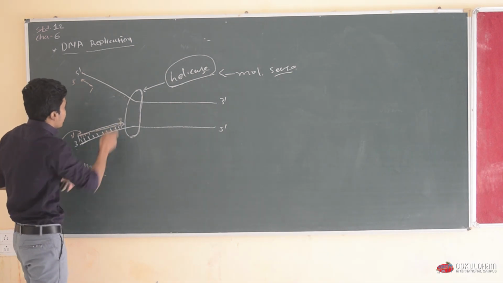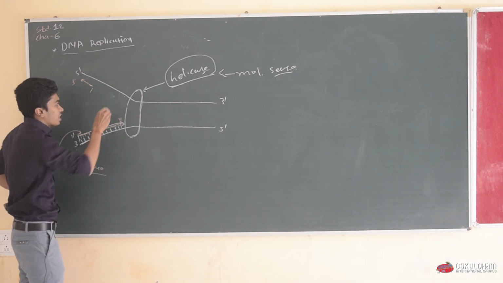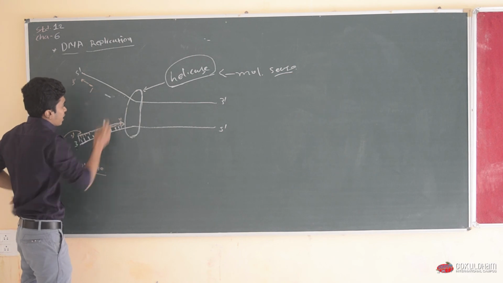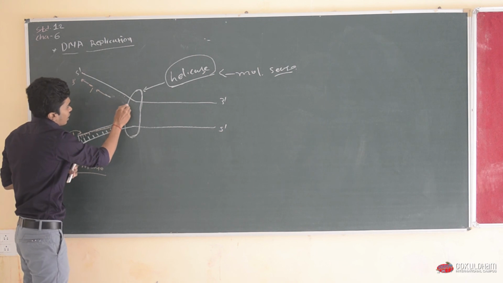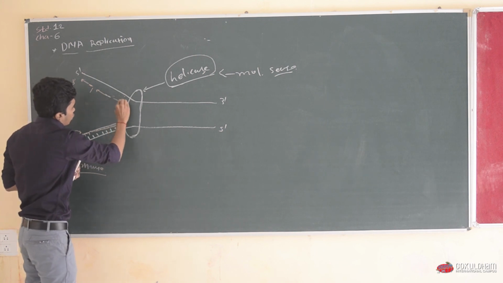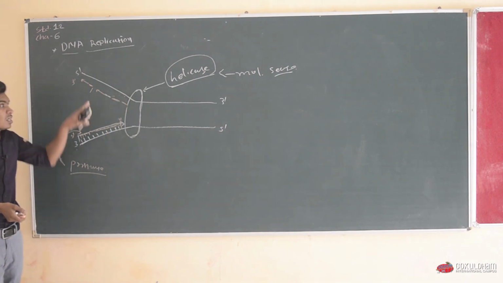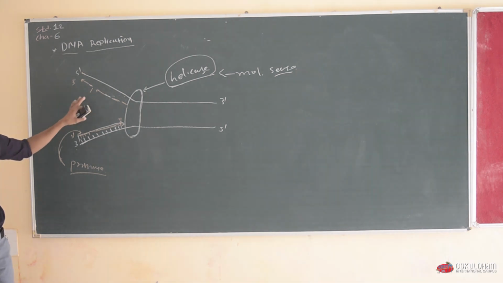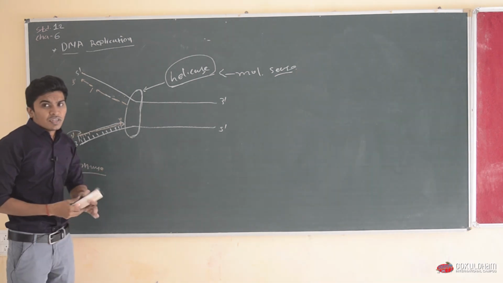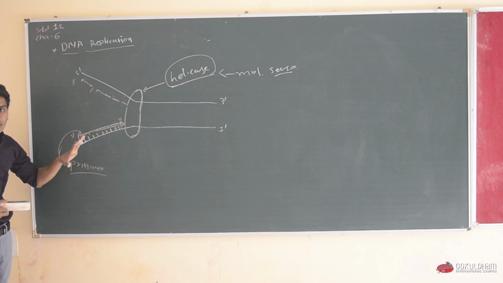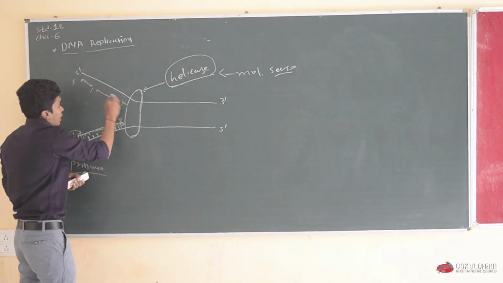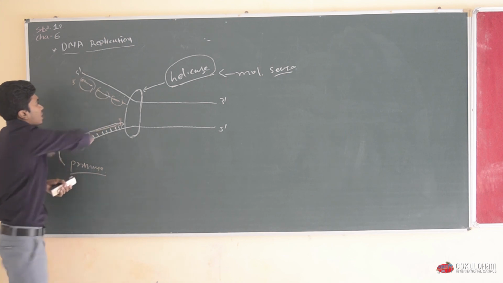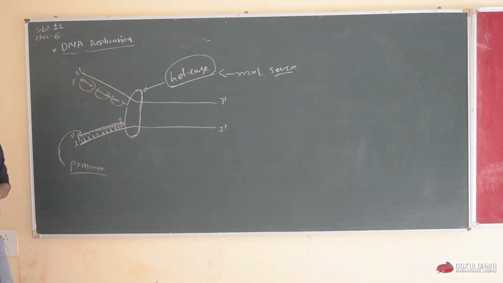So what will happen? Again from here it will start, another primer will add, and then polymerase, another primer, another polymerase. So another strand will grow in fragments. This fragment was discovered by Okazaki.